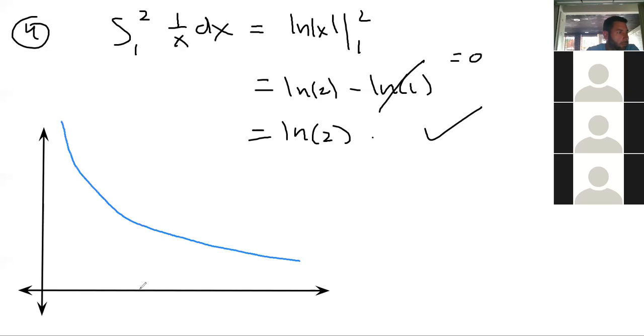Let's say this is the point 1 right here, and this is 2. What we're interested in is approximating this region under the curve. This is what we want.